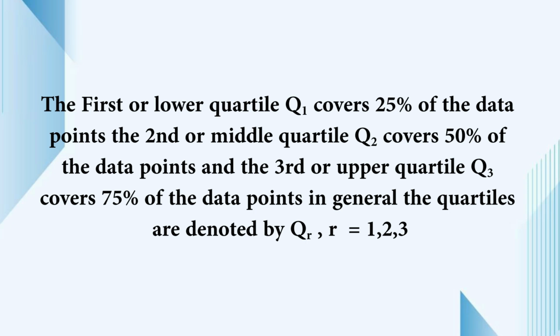The second or middle quartile Q2 covers 50% of the data points. And the third or upper quartile Q3 covers 75% of the data points. In general, the quartiles are denoted by QR, where R is equal to 1, 2, 3.